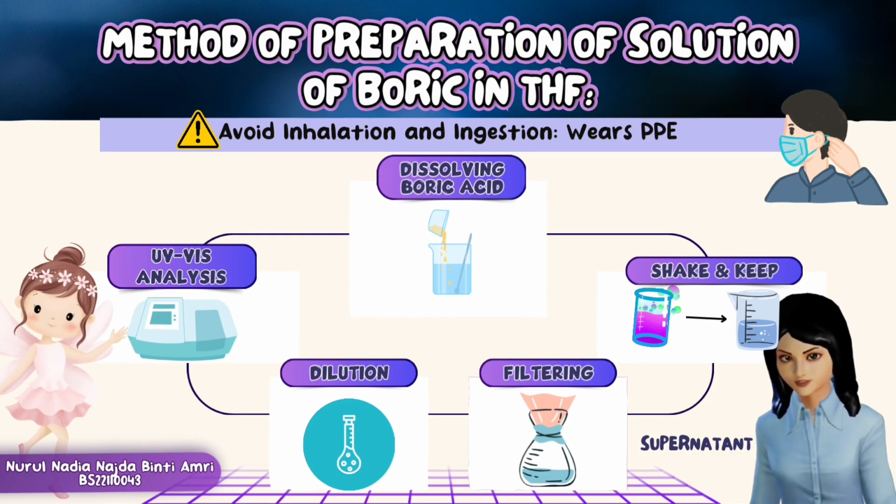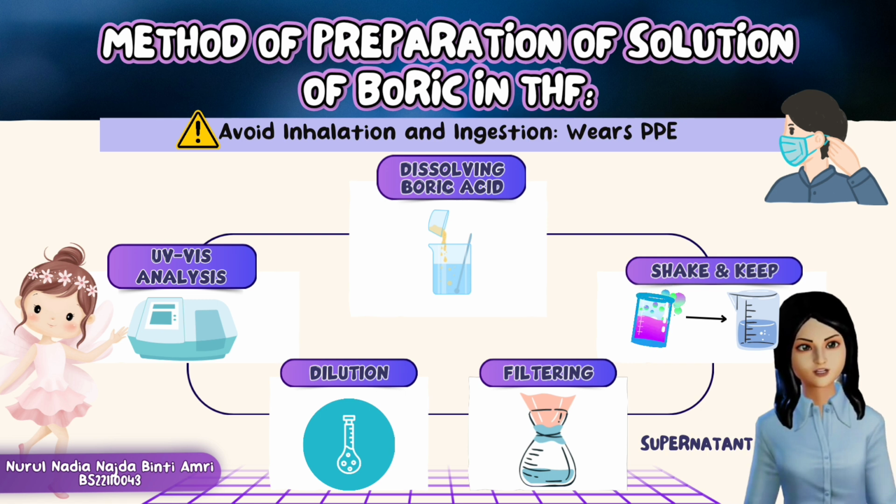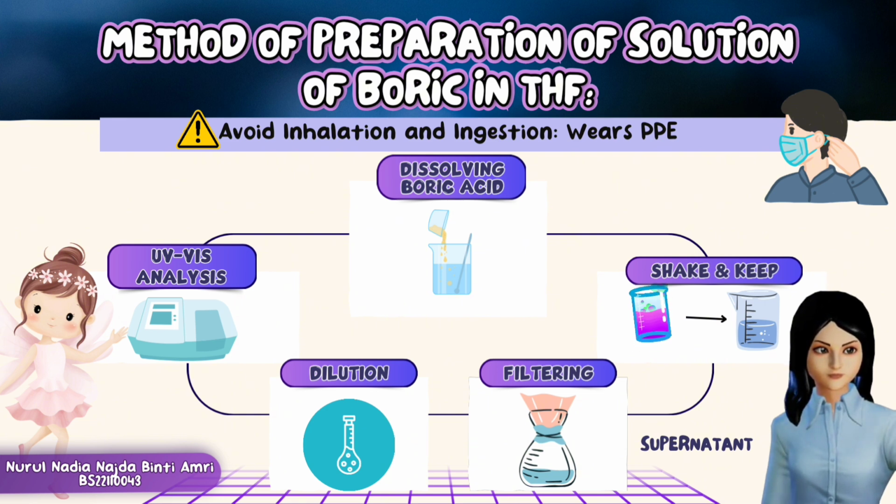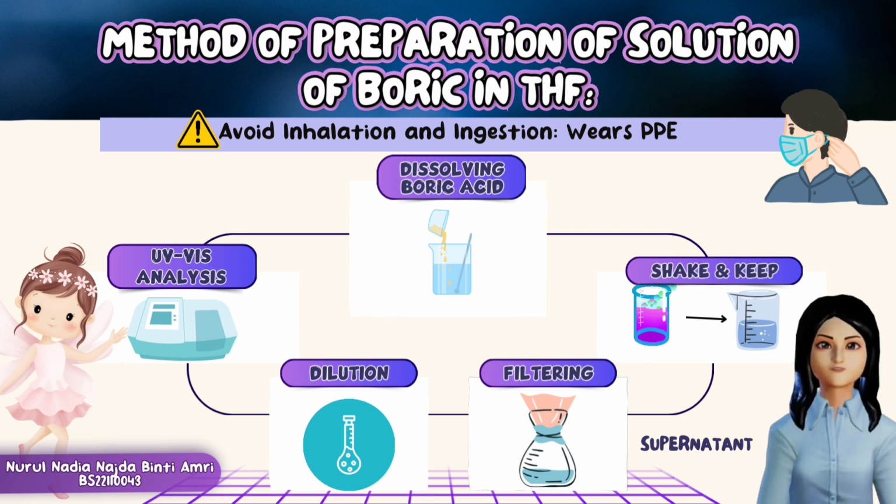1. 20 mg of boric acid is mixed with THF solution until it reaches 1 ml and is dissolved. 2. However, there will still be undissolved boric acid, and it continues to be shaken for 5 minutes, then kept undisturbed for 30 minutes. 3.